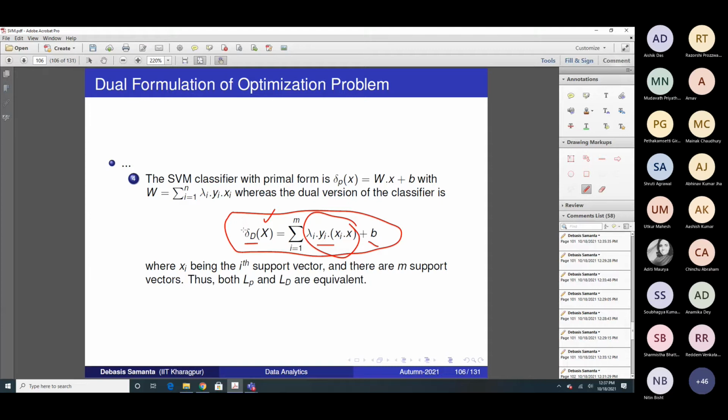So delta D can also be obtained, but again in terms of this multiplier. LP and LD, as you see, are both equivalent because they do the same task in different forms. But LD has its own advantage compared to LP in terms of computation cost and the number of unknown parameters involved.